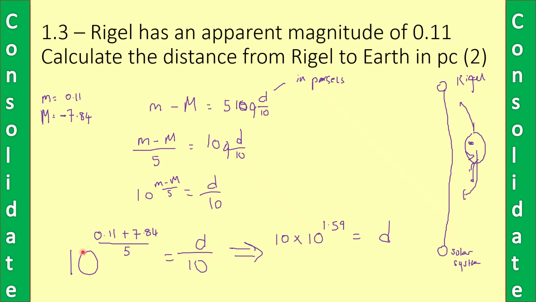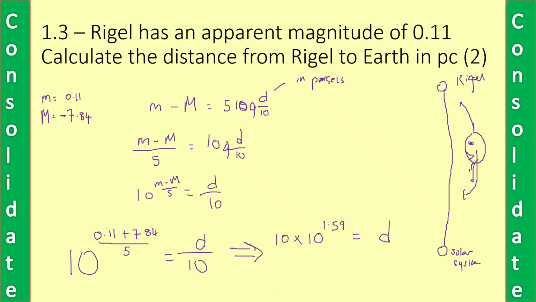Okay, so just made this a bit bigger because it was getting a bit small and messy. We are adding because obviously we've got the apparent magnitude minus the absolute magnitude, but the absolute magnitude is negative. So we're going to do that over 5 equals d over 10, and therefore bring the 10 up, 10 times 10 to the power of 1.59 gives us the distance.